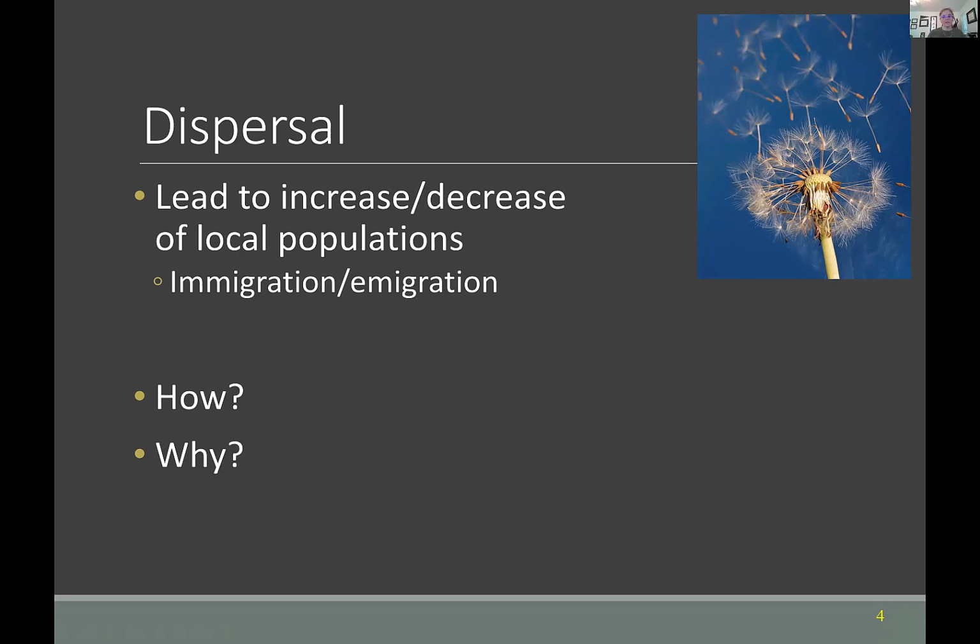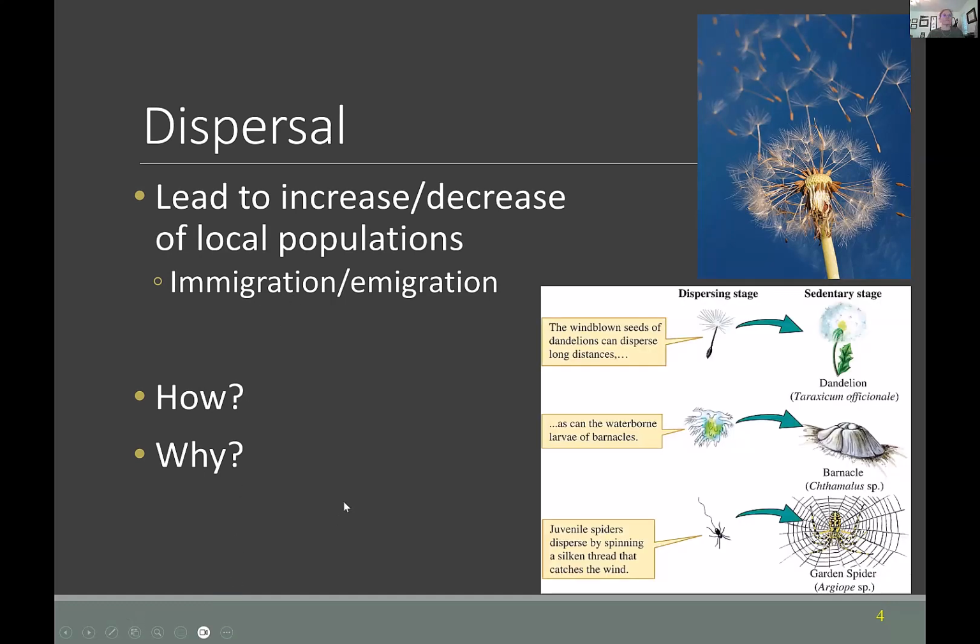And it could be where a particular stage of a life cycle is, quote unquote, the dispersal stage. So some examples here in your textbook, you have a dandelion. I guess probably most of us as kids picked those things up and blew on them, right? The dispersal stage. It was really easy to disperse those into your front lawn.